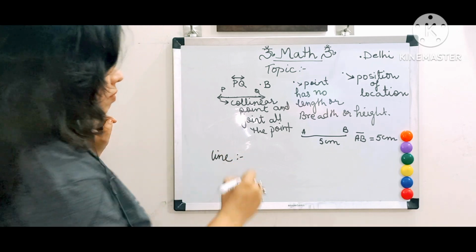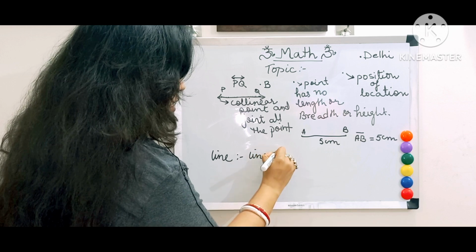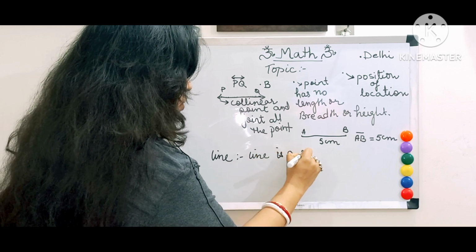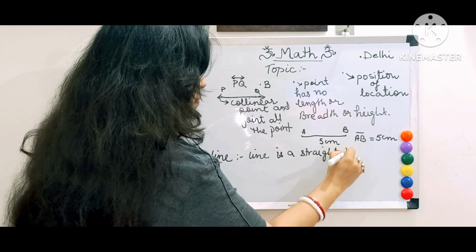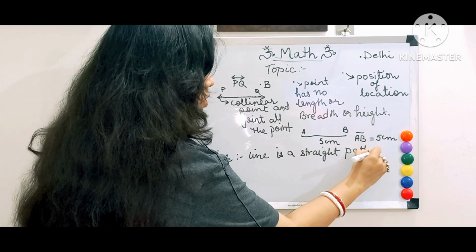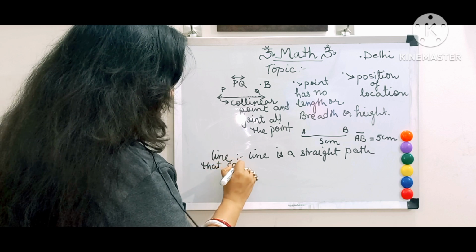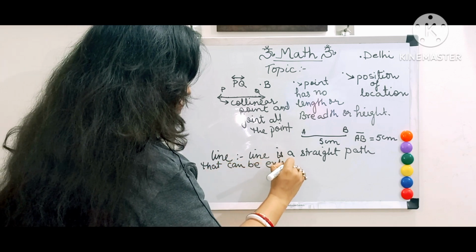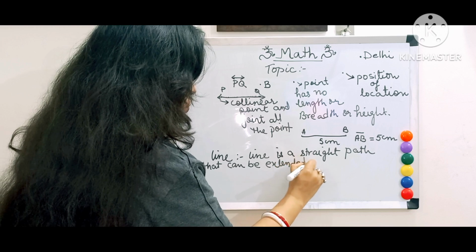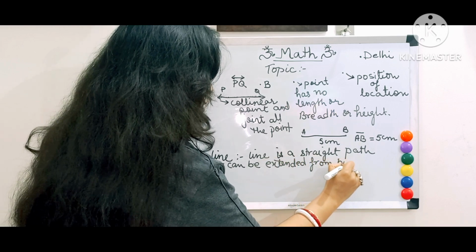So line, what about line? A line is a straight path that can be extended from both ends.